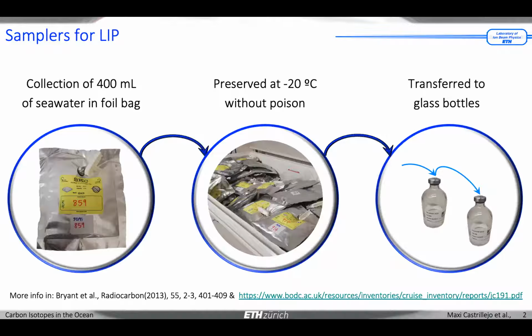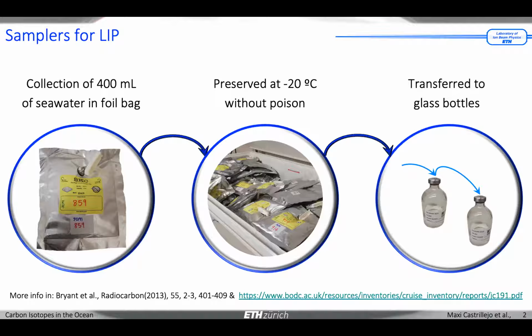About a year later, we got these foil bags from Heather Graven, and we stored them in our freezers. We started analysis about 14 months after the sample collection, in April 2021. As I told you yesterday, we would let them unfreeze overnight, transfer them the day after to our glass bottles, and then freeze the samples straight away.